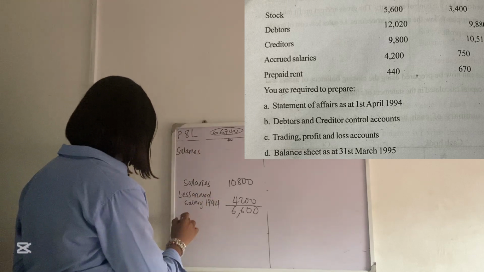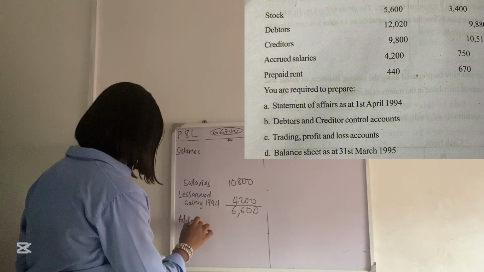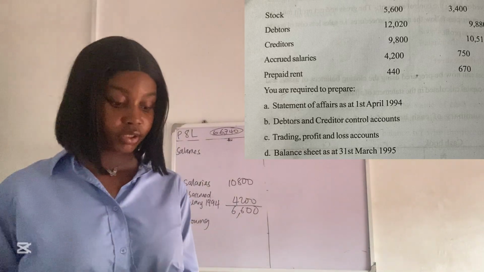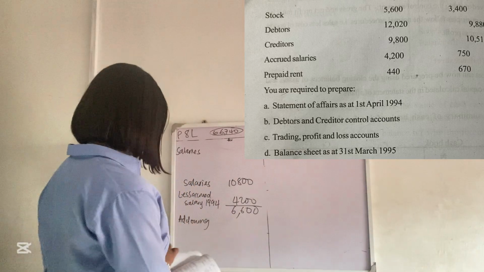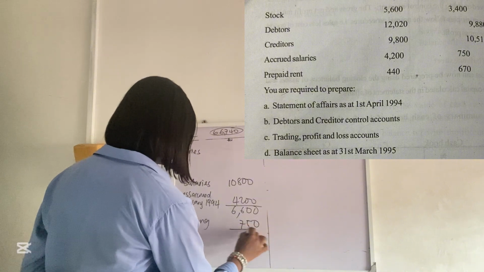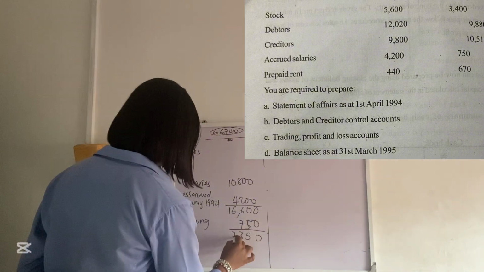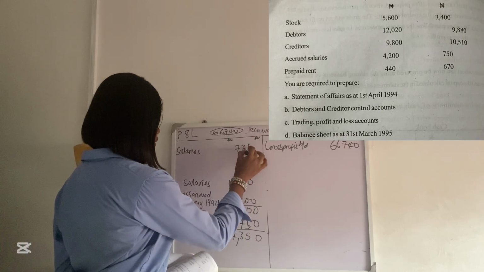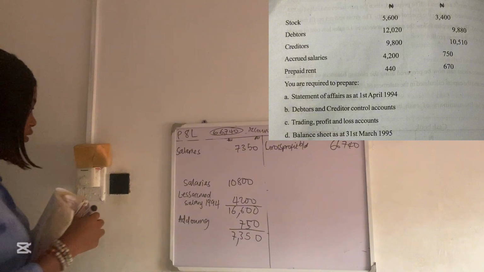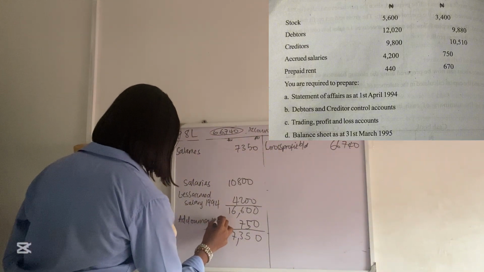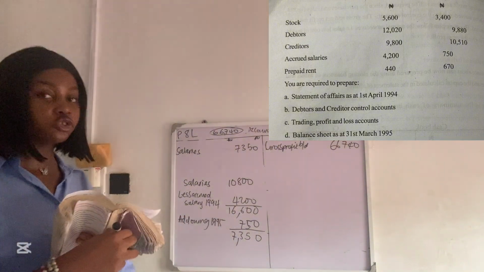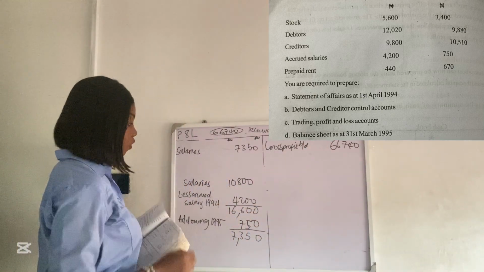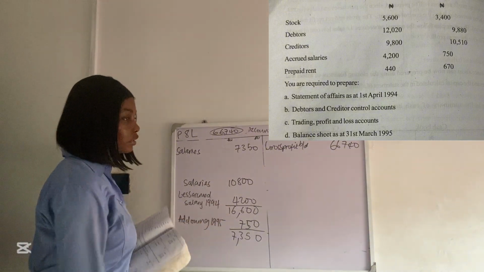Now you add owing of this year. This year's owing is the accrued salary under March 31st, 750. You add it. 6,600 plus 750 is 7,350. So this is what you put here as your salary, 7,350. This is owing of 1995. That rule applies to this year. We are preparing the profit and loss account for 1995, not for 1994. If it was for 1994, then we'd add owings of 1994.